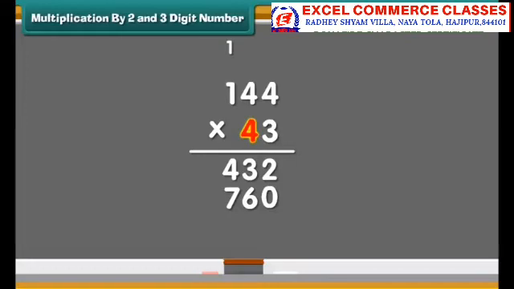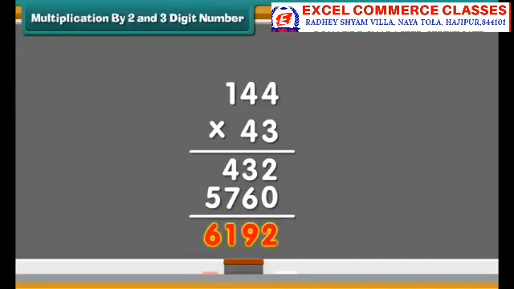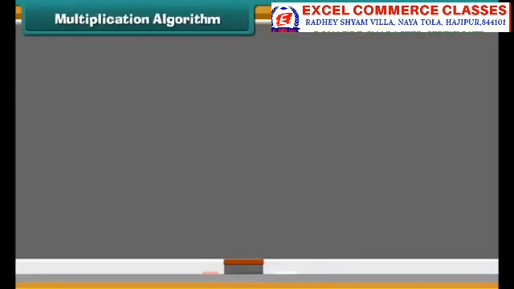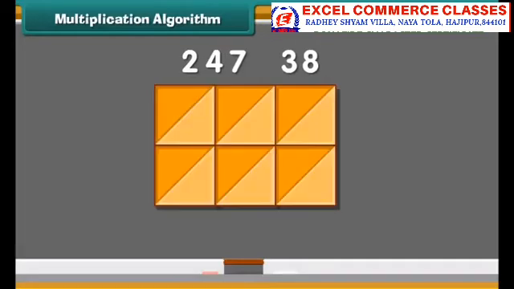Multiply 4 with the number 4 on the 10's place and add 1 which was carried forward. Write 7 in the 100's place and carry the 1 forward to the thousands. Multiply 4 with the number 1 on the hundreds and add 1 which was carried forward. Write 5 in the thousands place.